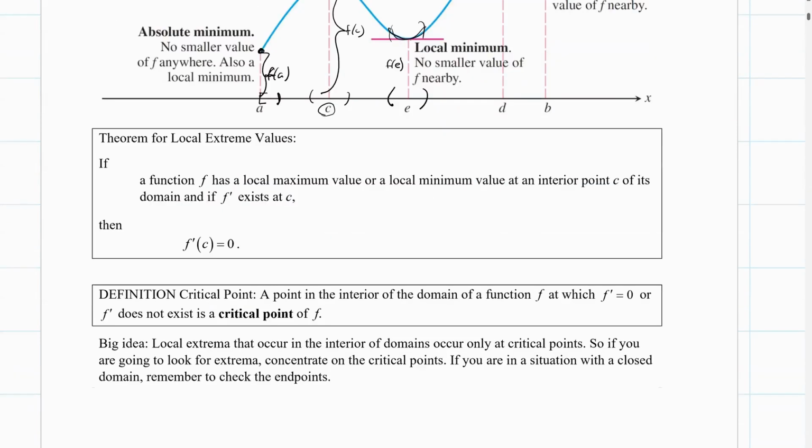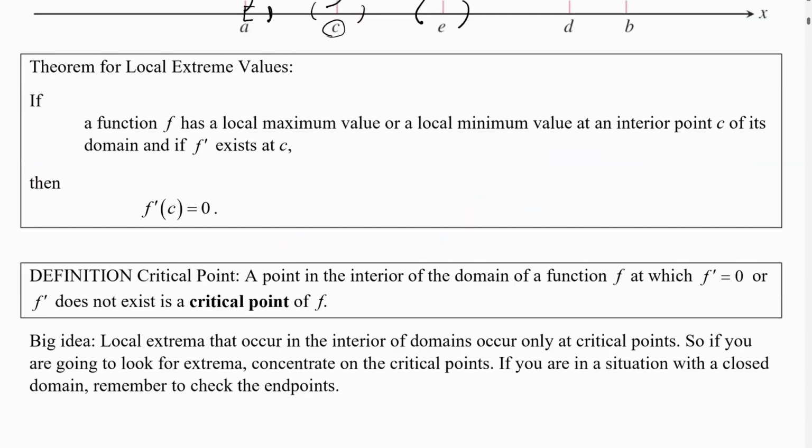So here's a theorem for extreme values, especially local extreme values. It says, if a function has a local max or local min at some interior point c, and if f prime at c exists, if the derivative exists there, then it has to be that f prime of c is equal to 0.